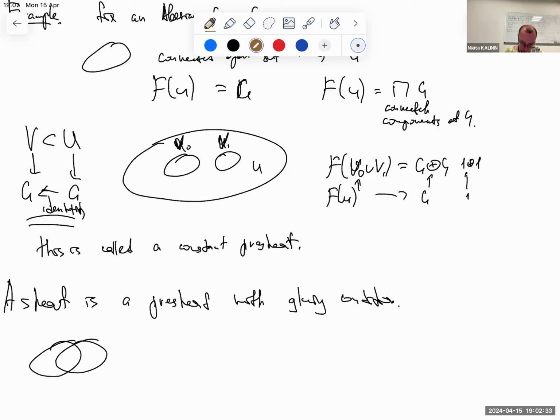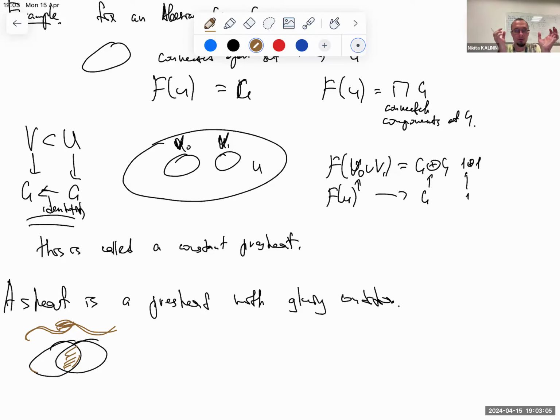Maybe I have some group here, some group here. Maybe they agree on the intersection. But maybe the map for the union of open sets will be empty. But for the sheaf, it should be possible to glue different sections. So it means that if you have a certain group here, and then you have some maps to the group of the intersection which coincide, you should be able to glue them.